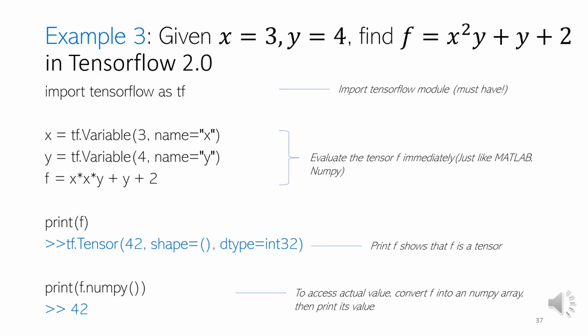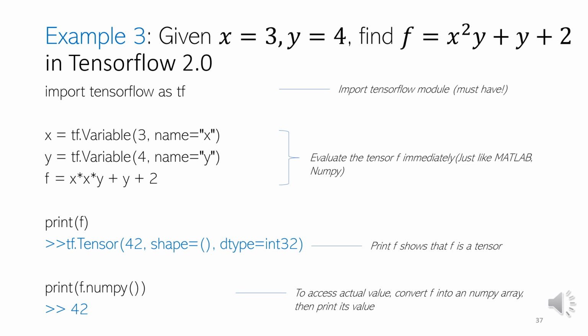So let's implement the previous example using TensorFlow 2. As before, we create our variables x and y and define another variable f. If we access the value of f here by using print(f), we see that it will tell us that f is a tf.Tensor with value 42.